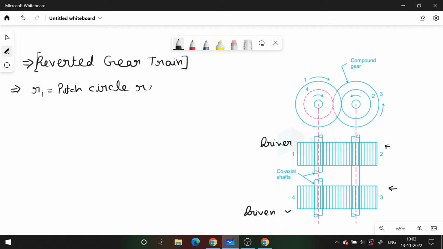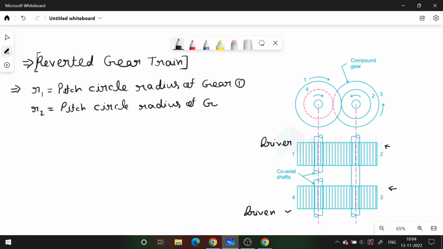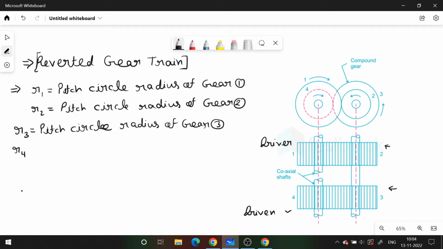R2 is equal to the pitch circle radius of gear 2, R3 is equal to the pitch circle radius of gear 3, and R4 is equal to the pitch circle radius of gear 4.